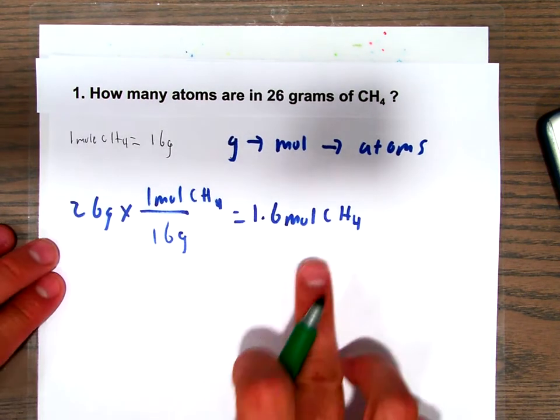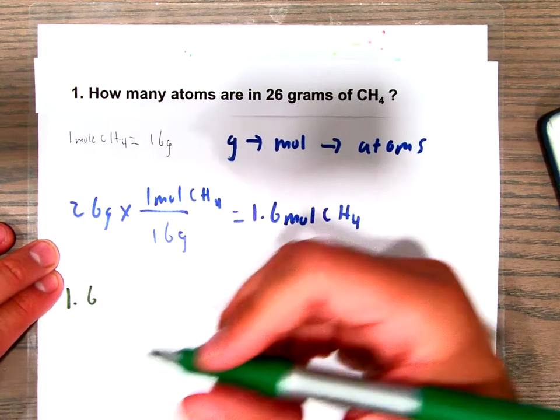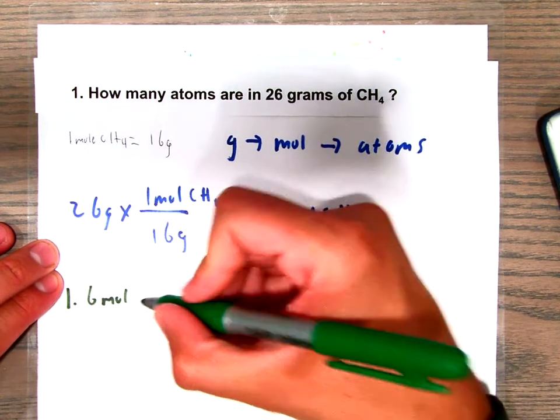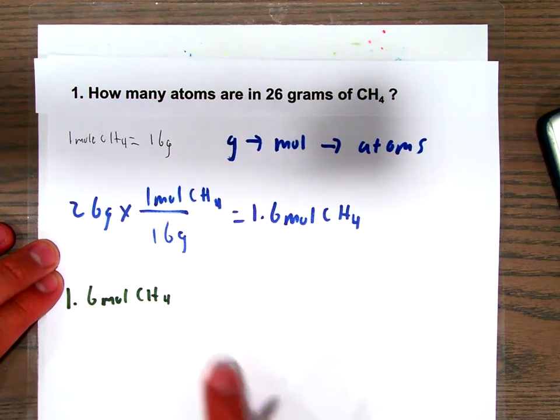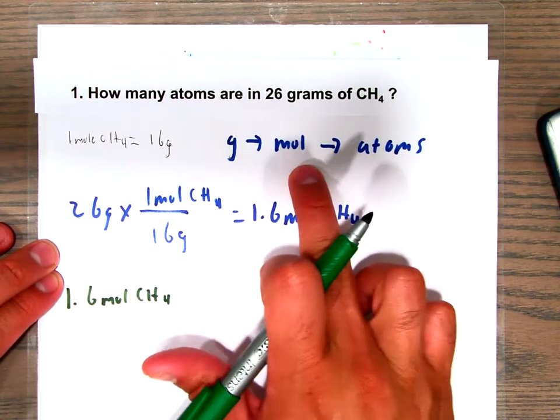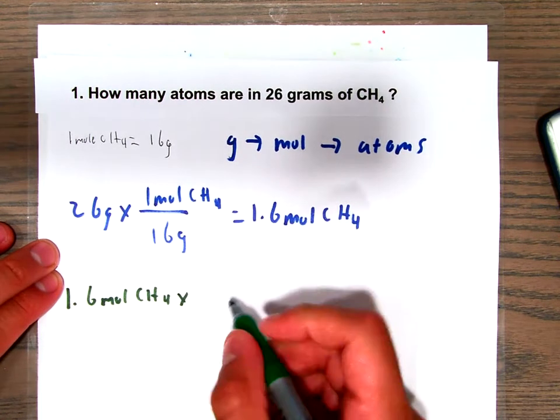Okay. Then I'm going to take this number, and let me just rewrite it here for the sake of making things a little easier to follow. Moles of CH4. Then I'm going to go from moles to atoms. So I'm using Avogadro's number to do that, right?